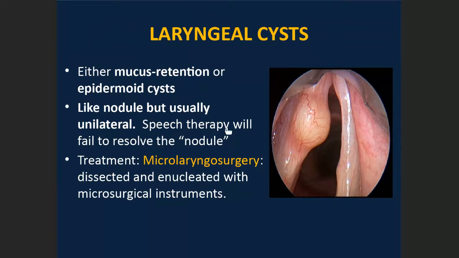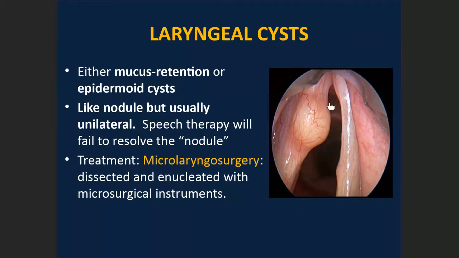Speech therapy will fail to resolve it; the laryngeal cyst will not resolve with speech therapy. So the treatment is microlaryngeal surgery. You will remove that cyst with whatever instrument, but you will still add speech therapy, so the management includes both speech therapy and microlaryngeal surgery.